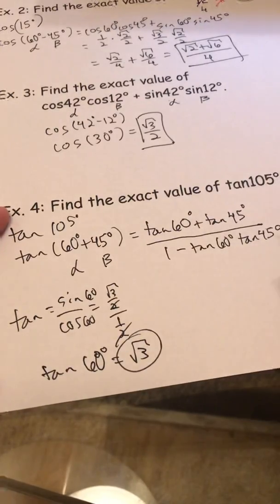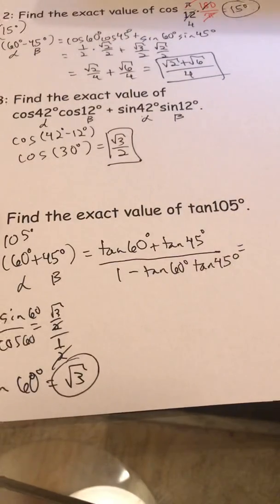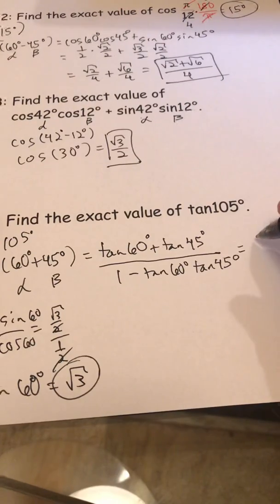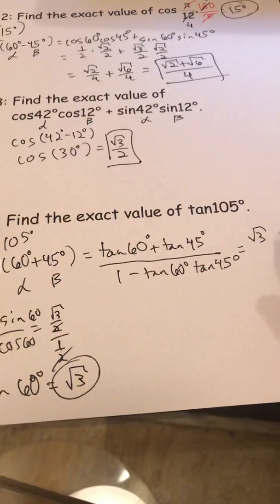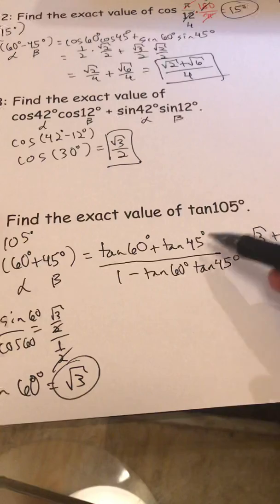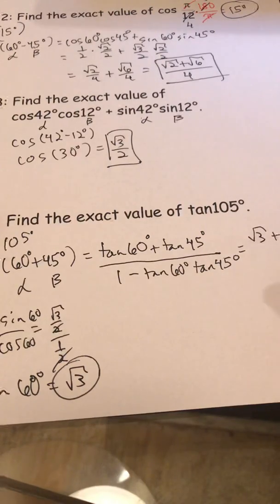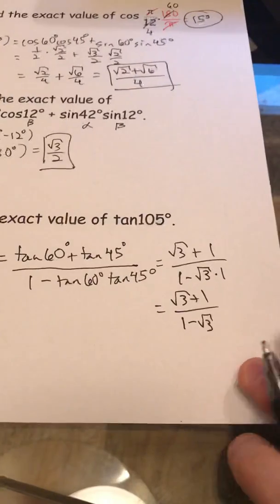So now as we come up to our formula and fill in, we have tangent of 60 is radical 3. Tangent of 45, because sine and cosine match, is simply 1. Over 1 minus tangent of 60 is radical 3, tangent of 45 is 1. So now we have radical 3 plus 1 over 1 minus radical 3.